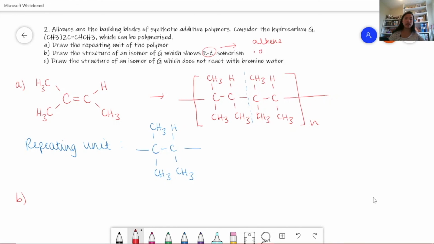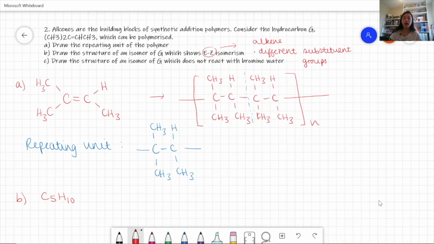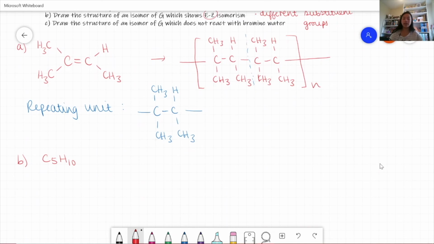And so we have different substituent groups. And so we work with the formula, so we've got C5H10, and so we have to make up an alkene.